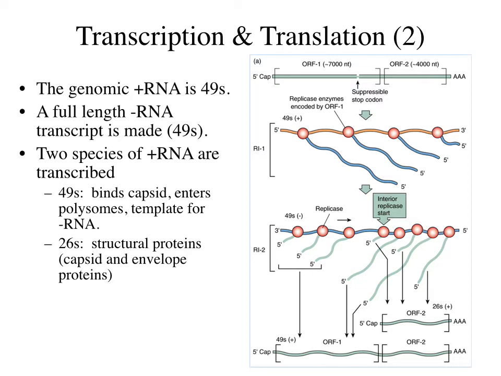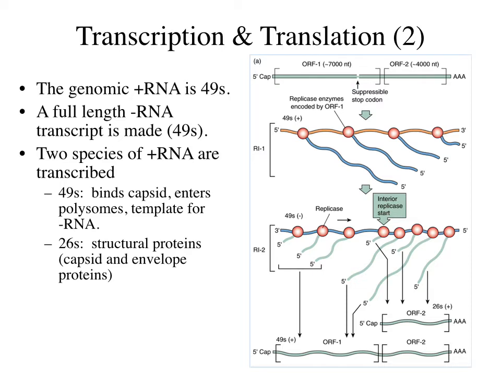A full-length minus strand RNA transcript is made of that. But then you'll find that there are two species of positive sense RNAs that are transcribed from the negative sense RNA. One is 49S, a full-length copy, and the other is 26S, a shorter copy, and this one is used for translating the structural proteins.